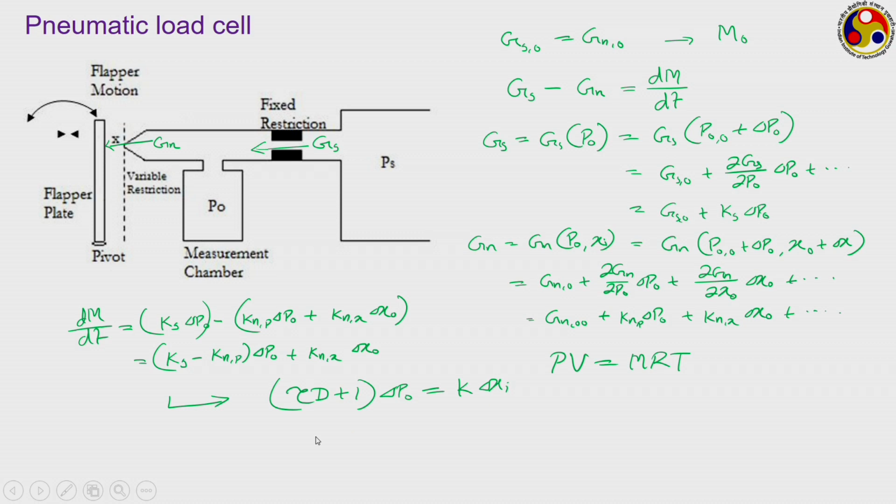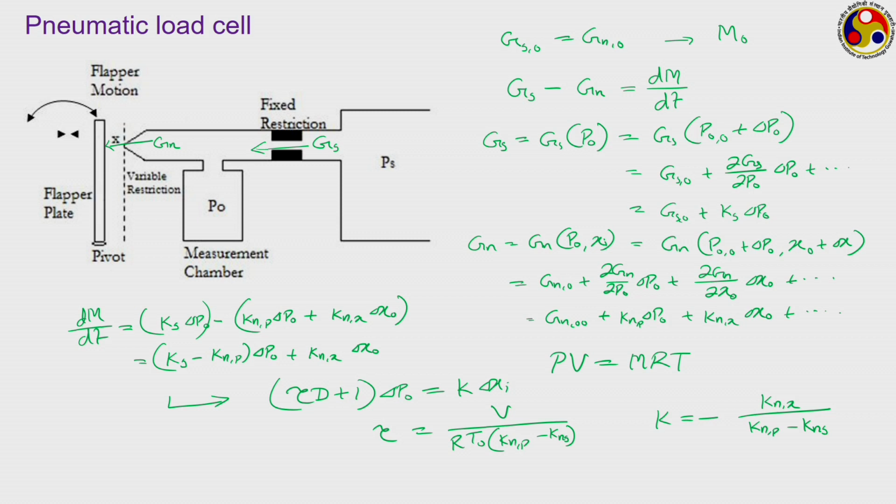It is a first order relation, where the time constant tau comes out to be the volume of the tank divided by RT0 into Knp minus Kns, and K comes out to be minus of Knx by Knp minus Kns. This derivation we have done in that week itself.